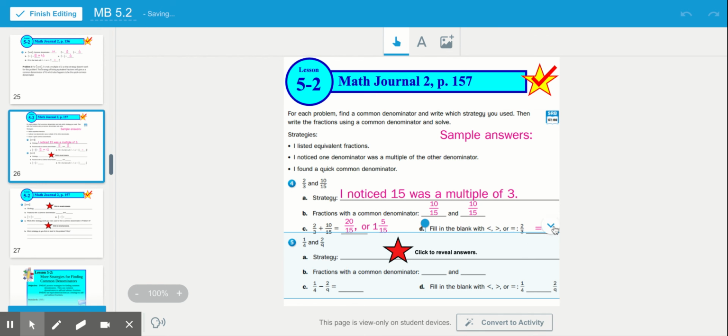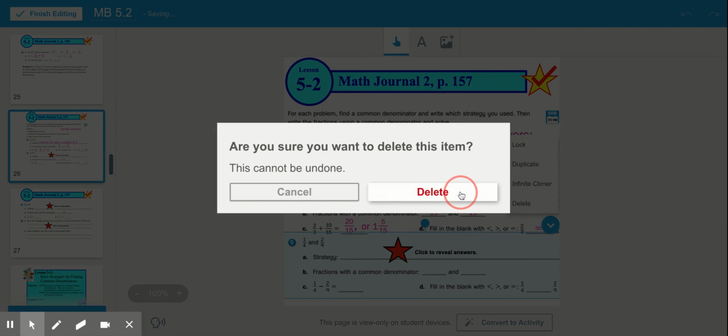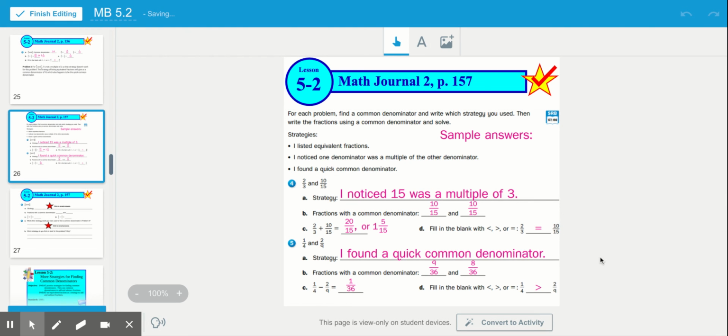Number 5, they found a quick common denominator. You could have done something different, and they've got 9/36 and 8/36, so they changed the denominator to 36, and so when they subtracted it, they got 1/36, because this one was a subtraction problem, and they found that 1/4 is greater than 2/9.